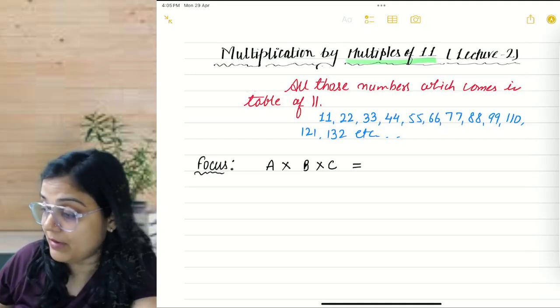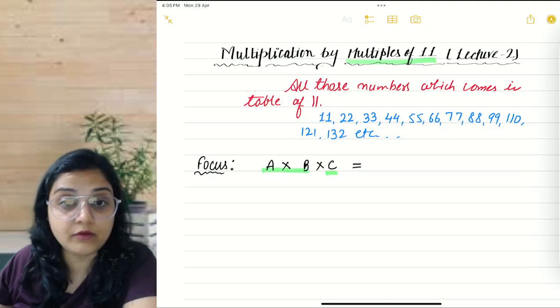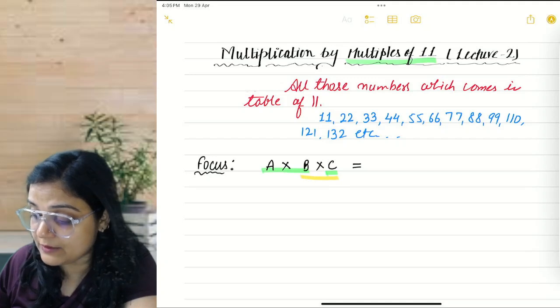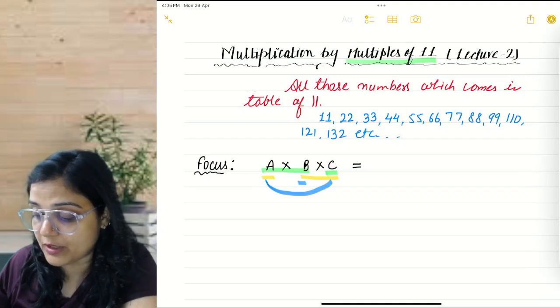I can multiply first A and B, then the answer with C. This is one way. The other way is I can multiply B and C first and then the product with A. And then there is another way, we can multiply A and C first and then the product with B.